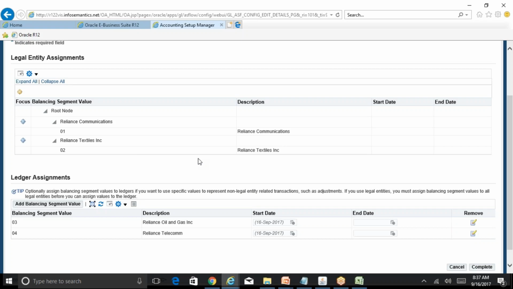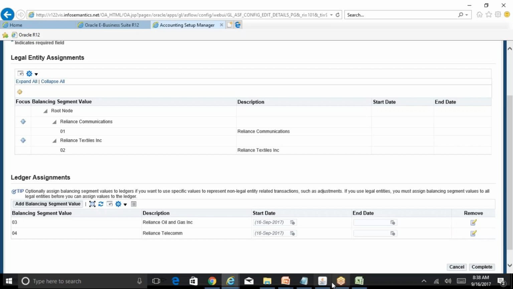So for 3 and 4, you can pass a journal only in the GL responsibility, whereas for 1 and 2, transactions can flow from subledgers into GL, or you can enter direct journals within GL. So for 3 and 4, will it always be manual journals? Yes, in this scenario.